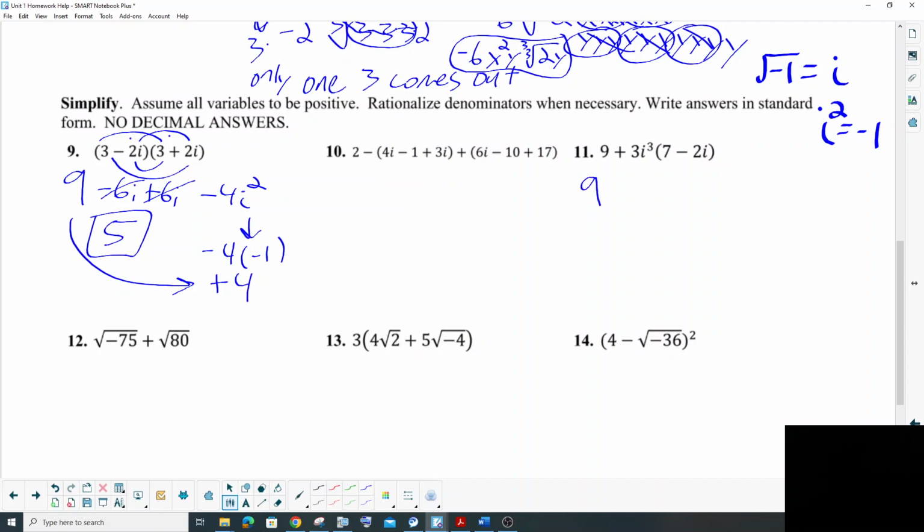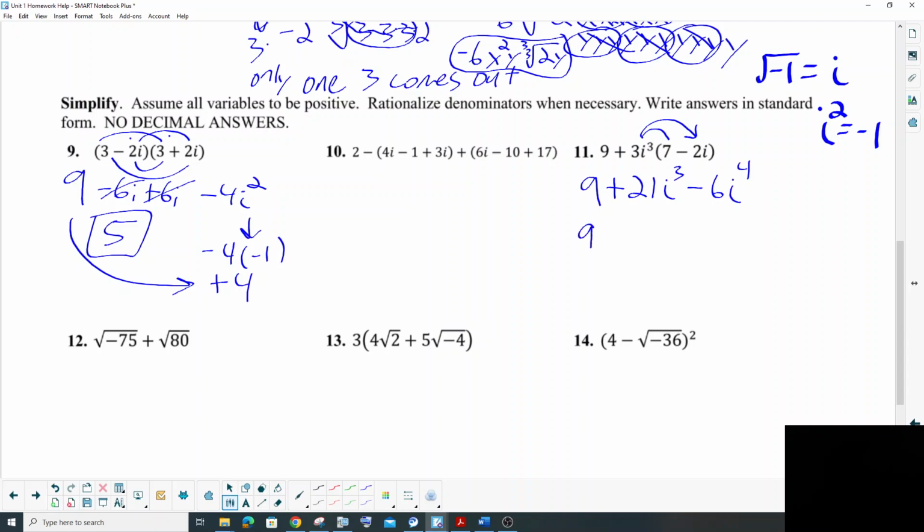So we have 9 plus 3i cubed, which is the same as i squared times i. Let's go and distribute it through first. So 3i cubed times 7 is 21i cubed. 3i cubed times -2i is a -6i to the 4th power, right?